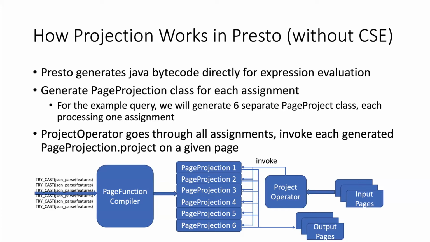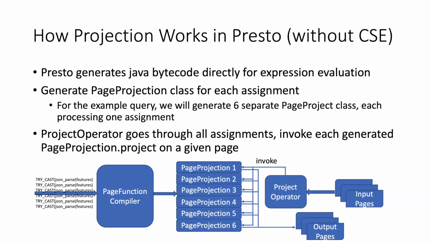The page function compiler takes this, and for each projection, it generates bytecode. It generates a Java class that at runtime you can call to evaluate the projection and get the results. We iterate through all the projections and generate 1 class for each, so for this example you would end up with 6 different classes.